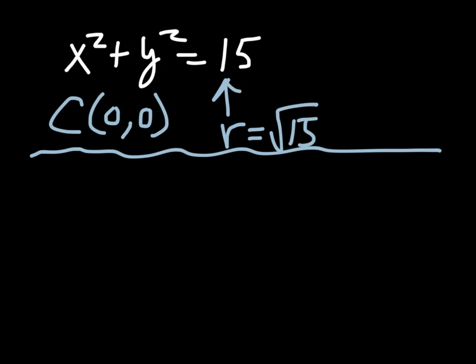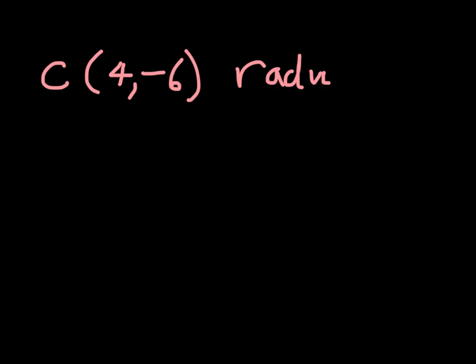There might be ones where they give you the information and they want the equation. For ones like that, they would tell you that the center of the circle is located at, let's say, 4, negative 6. And supposedly they wanted the radius to be 7, then you could build the equation from these three numbers.